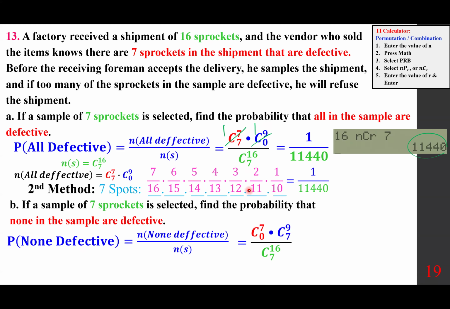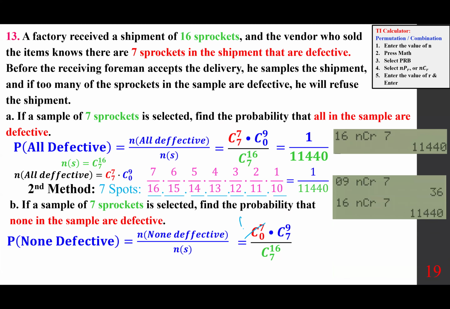Okay, and the numerator, as I said, when you write it in this fashion, it makes it easy to understand what's happening here. From 7, we choose nothing. From 9, we choose all the 7. That's it. And of course, this one is 1, so do the rest. C(9,7) is 36.